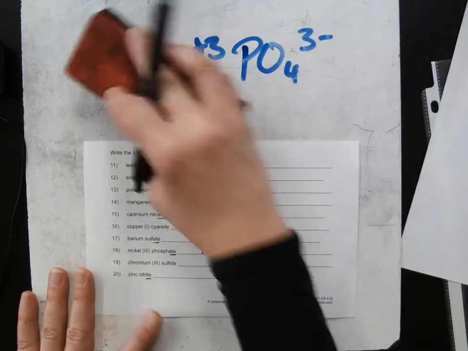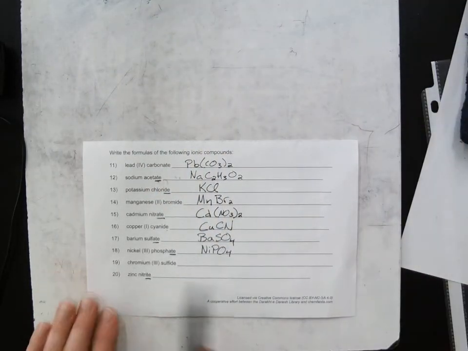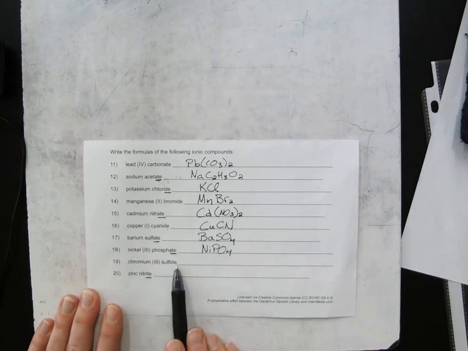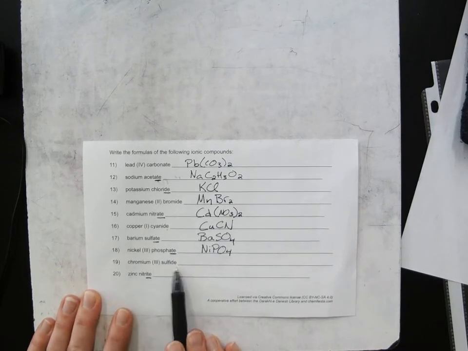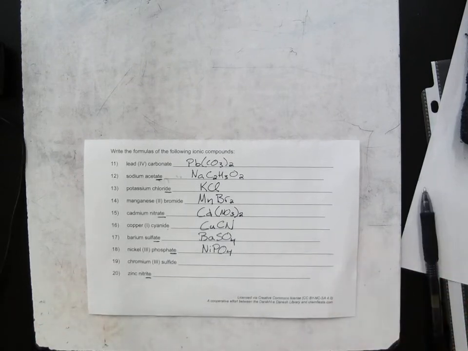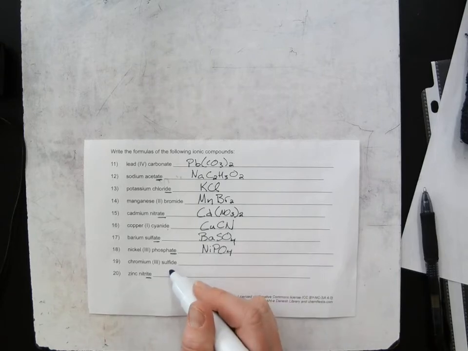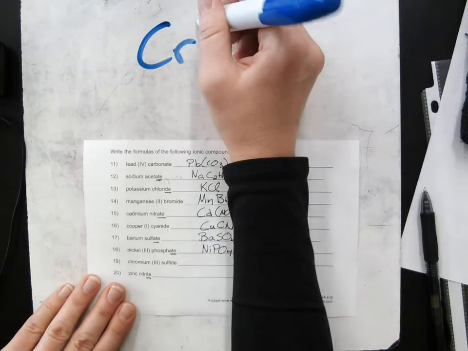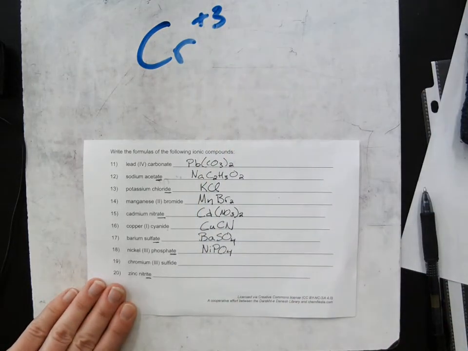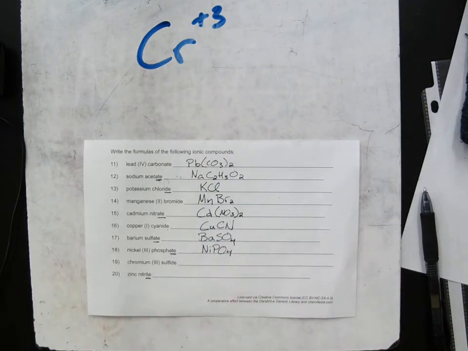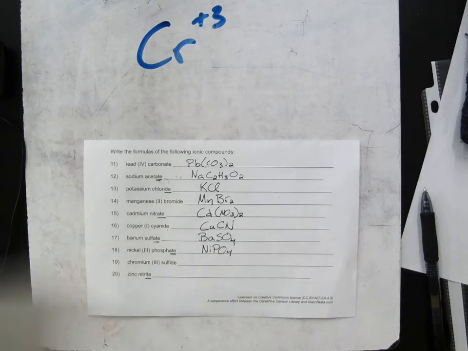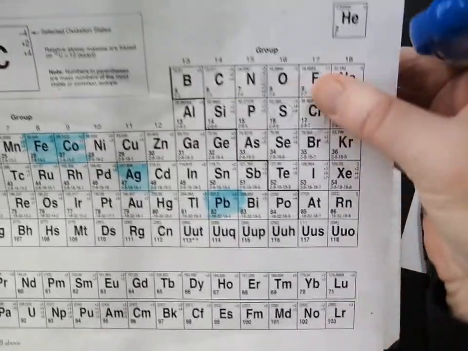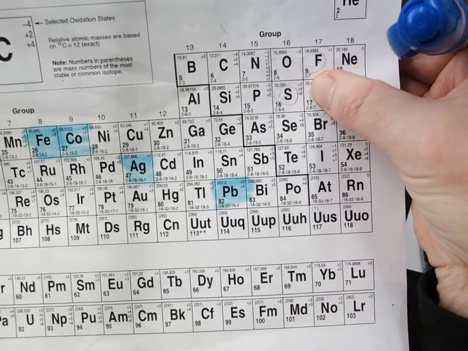Okay. Chromium 3 sulfide. Now I've already said that IDE, that's the normal IDE ending, so that's probably just sulfur. So chromium 3 has to be chromium with the positive 3. Has to be. Sulfide is sulfur with a negative 2 charge.